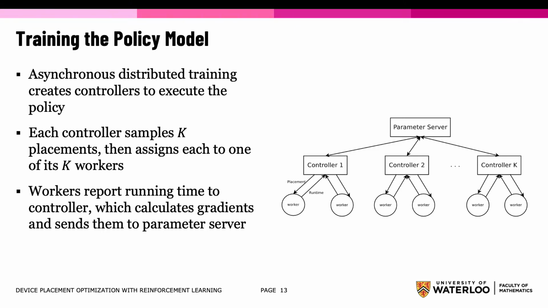Each of the workers reports the execution time from executing the placement back to the controller, and the controller then calculates gradients and sends them to the parameter server for updating the model. Now, there is an inherent trade-off between the number of workers, where more workers increases the accuracy of the policy gradient estimates, but at the cost of resource utilization, meaning more idle workers.